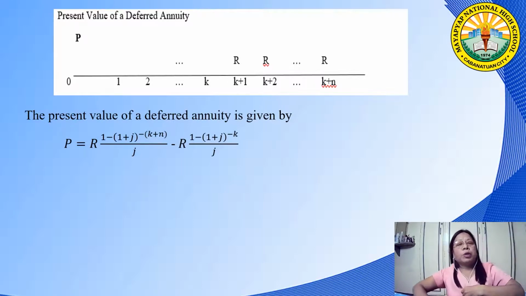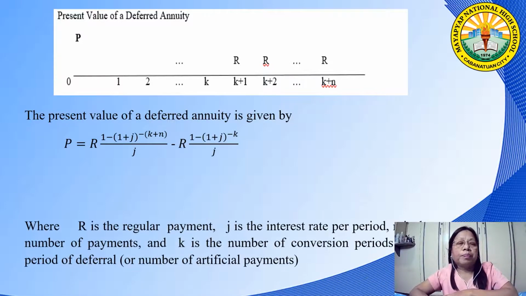This is the formula that you derive to get the present value of a deferred annuity.